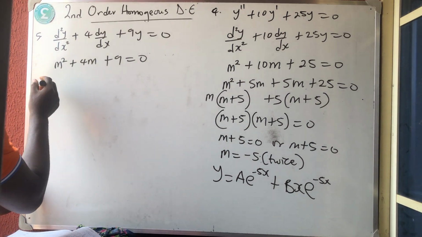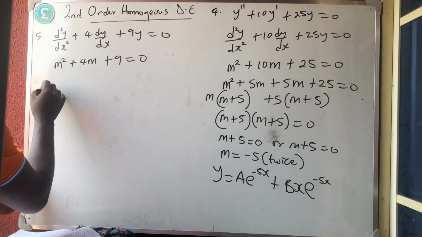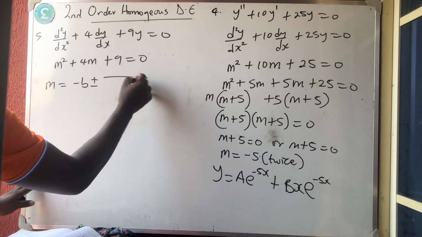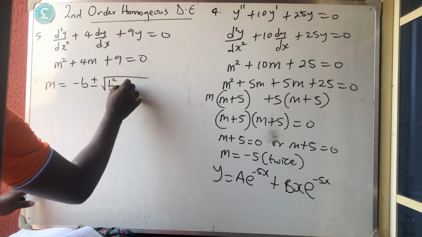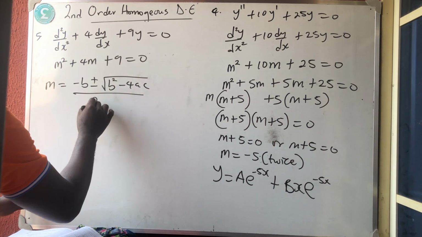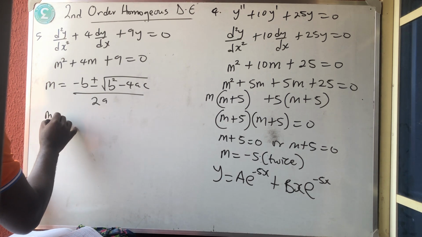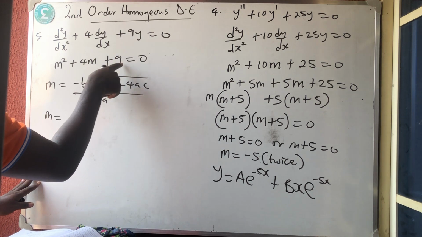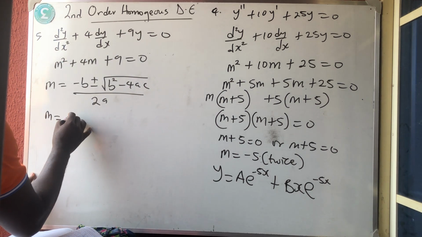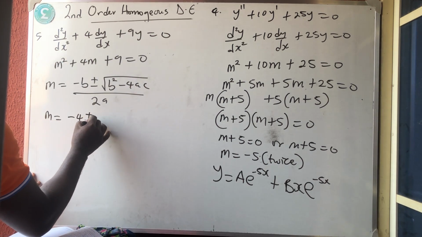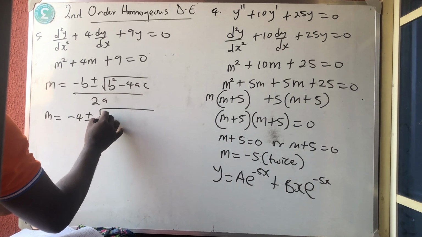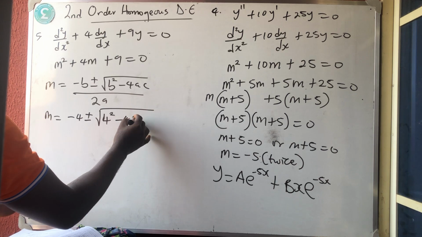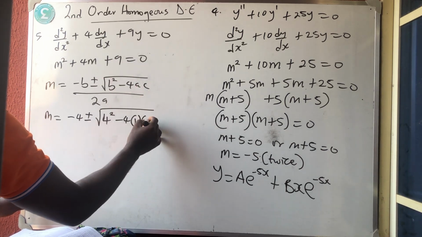So we say, don't forget the almighty formula. I say that m will now be equal to minus b plus or minus the square root of b squared minus 4ac all over 2a. So my a is 1, b is 4, c is 9. So let us substitute: minus 4 plus or minus the square root of 4 squared minus 4 bracket, my a is 1 and my c is 9.